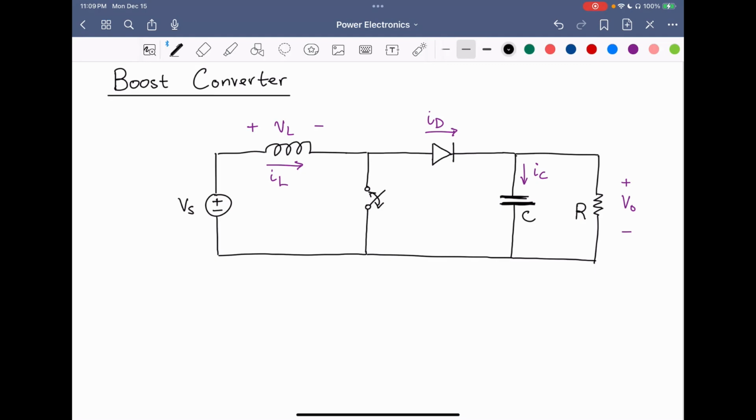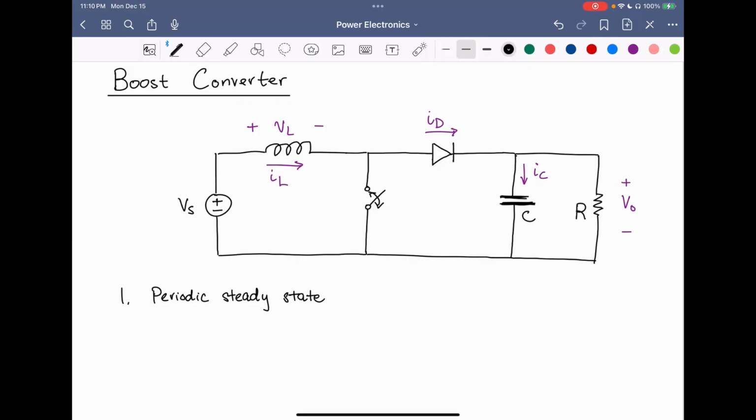So to analyze this circuit, we're going to assume the following. First is that this circuit is operating in periodic steady state. And this means that we're assuming that the circuit has finished its startup and things have reached an equilibrium.